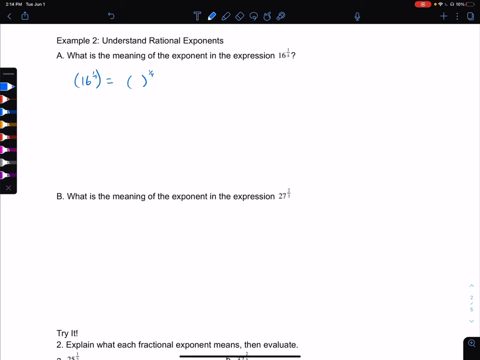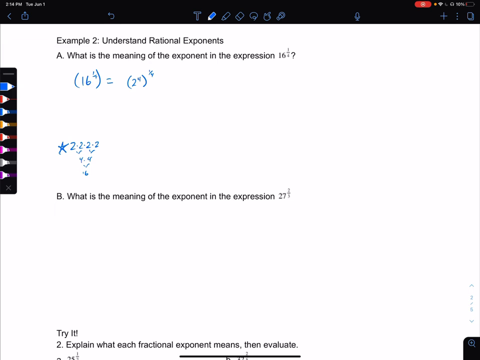But in this case, I'm just going to show the work. If we were to multiply these, this would be 16. So 16 is the same as 2 to the 4th power, and that's shown here. I think that's pretty easy to understand.